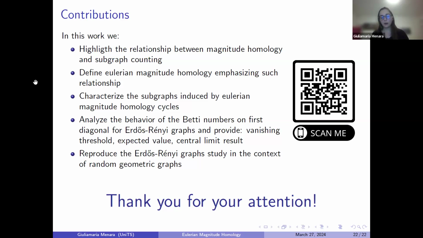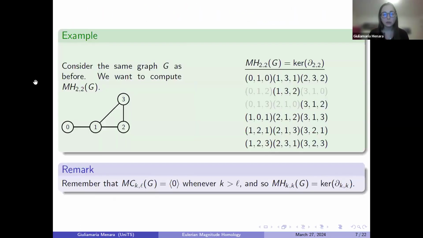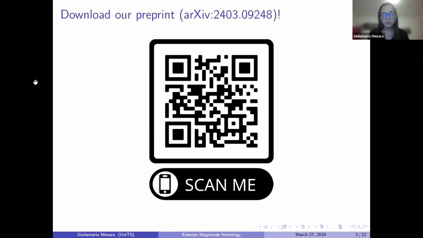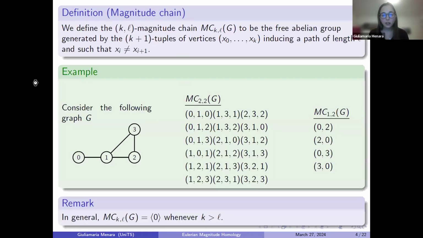No, so the reason why we consider only K equal to L is that there is a more precise interpretation for what's happening. Let's go back. When K is equal to L, the vertices you pick completely determine the path you're going through.